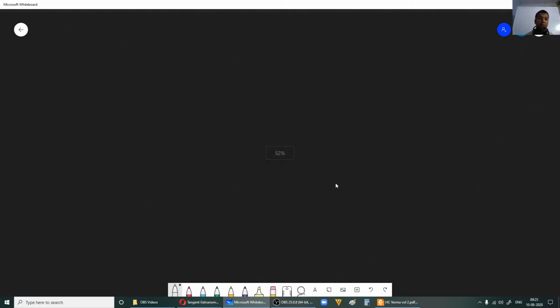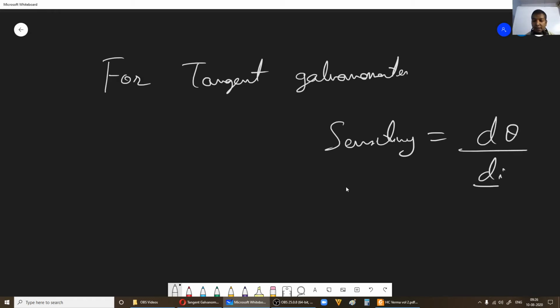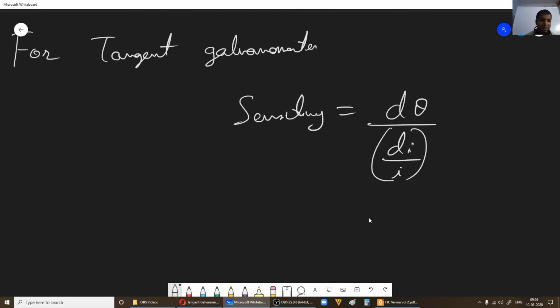Now finally, to conclude, for a tangent galvanometer, the sensitivity is defined as the change in deflection, that is d theta divided by dI. This is how we define it for a tangent galvanometer.